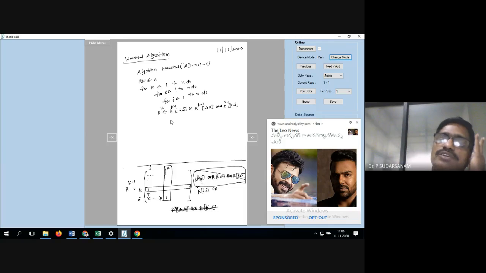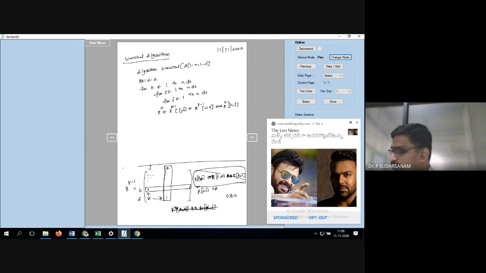R of k is equal to R to the power of k minus 1 i comma j, OR R to the power of k minus 1 i comma k, AND R to the power of k minus 1 k comma j. So i to k to j, these two will be multiplied and ORed with this one. So you know this. If you have one example, I'll tell you: first one is 0, next is 1 and 1, that is also 1.